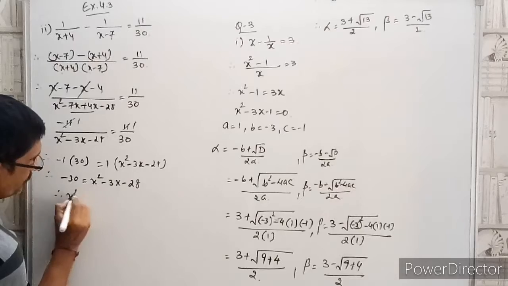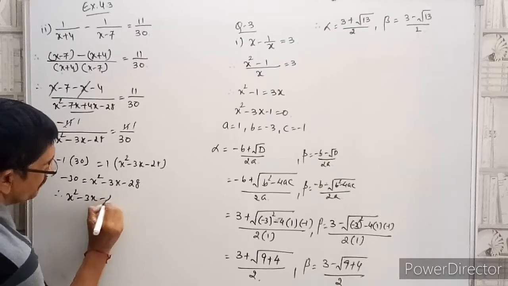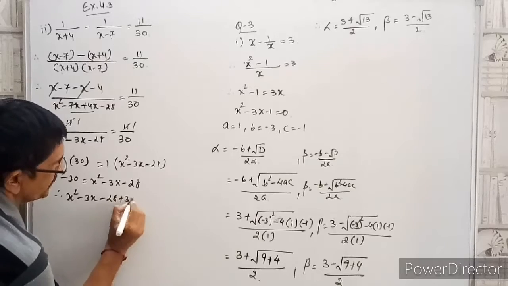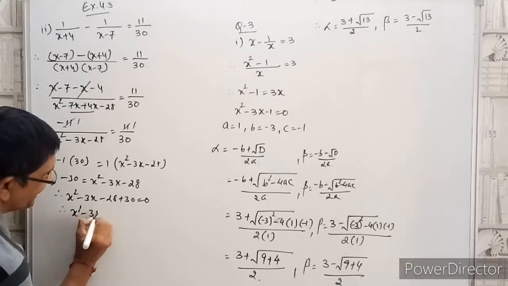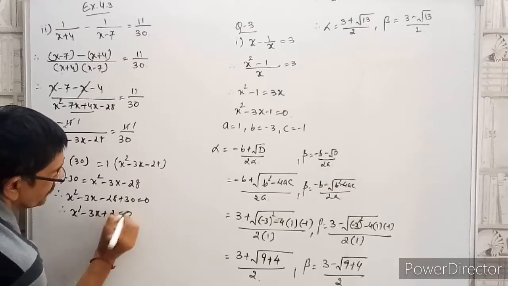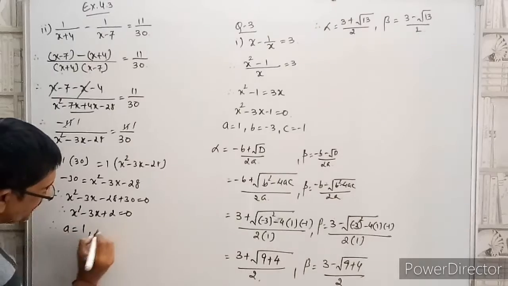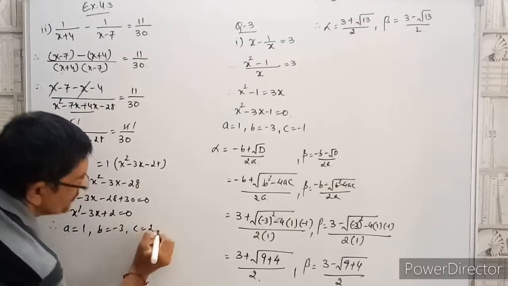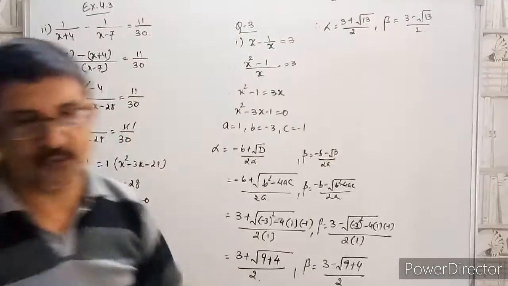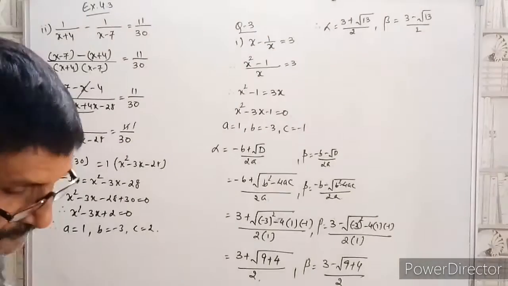So therefore, x square minus 3x minus 28 plus 30 is equal to 0. So therefore, x square minus 3x plus 2 is equal to 0. So here a is equal to 1, b is equal to minus 3 and c is equal to 2. And then rest of the process is same. Okay. So you can finish now alpha and beta by the formula. Okay.